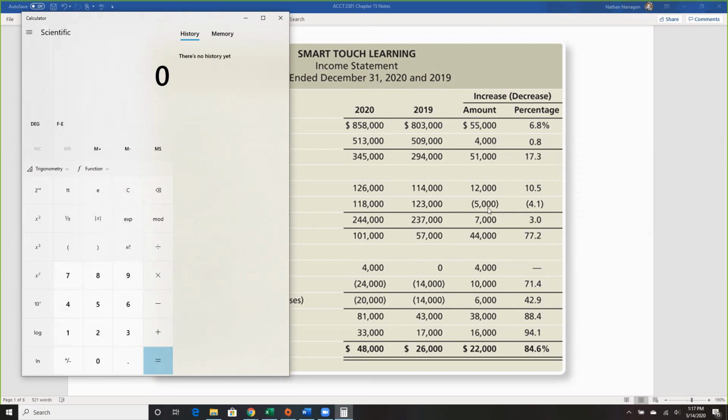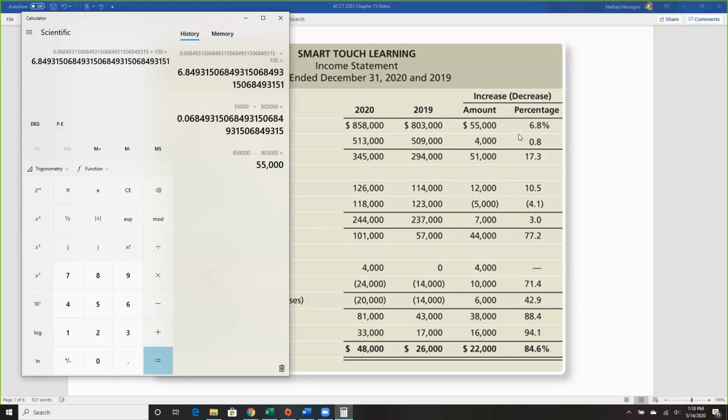They took 858,000 minus 803,000, which came out to 55,000, and then divide by 803,000, so 2019. And then, of course, times it by 100. I'll give you your percentage, which is 6.8.